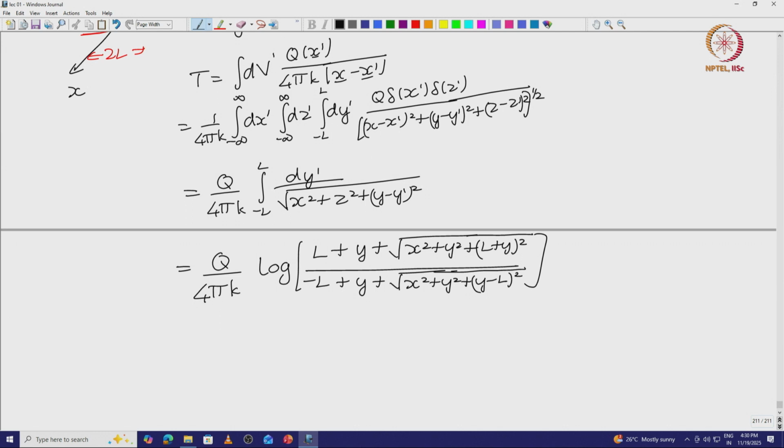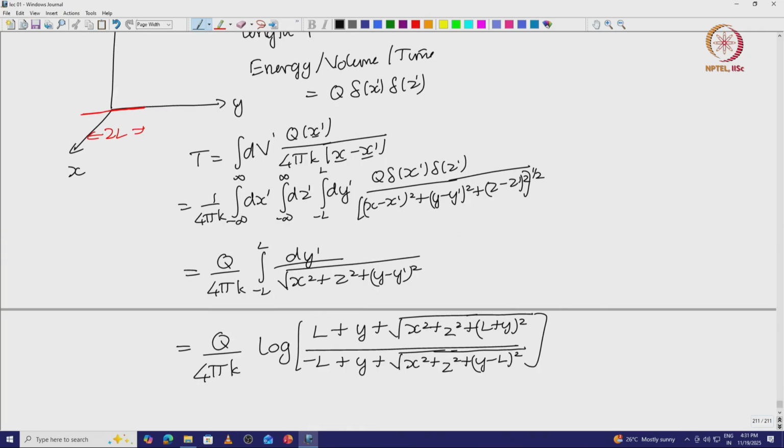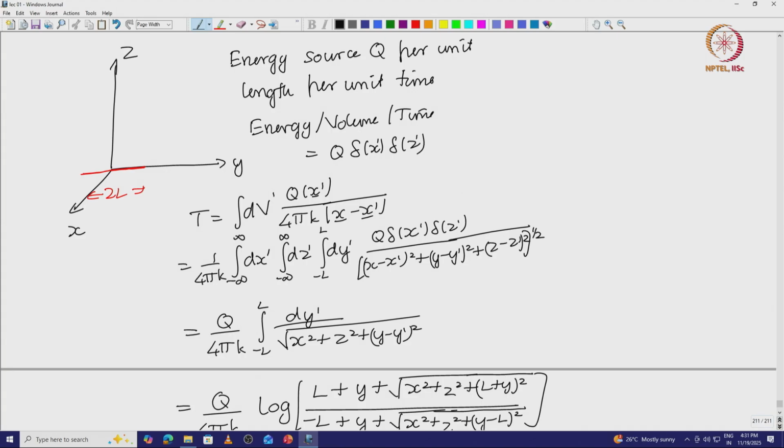So, this x square, I am sorry, this should be z square. Note that the square root of x square plus z square is basically the distance from the axis, from the y axis.